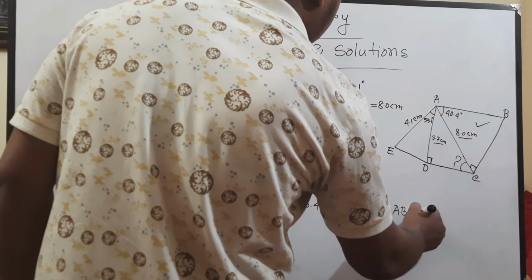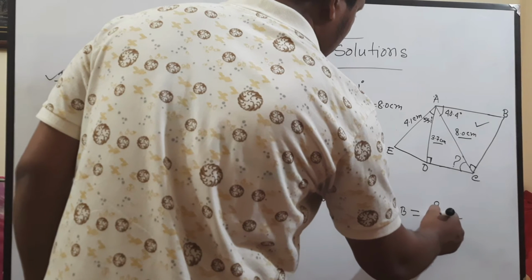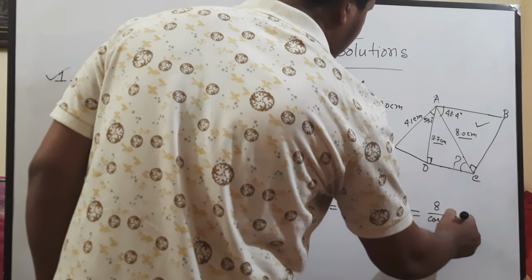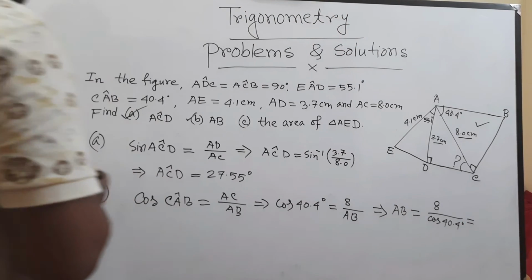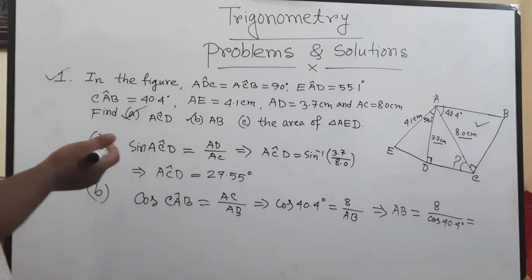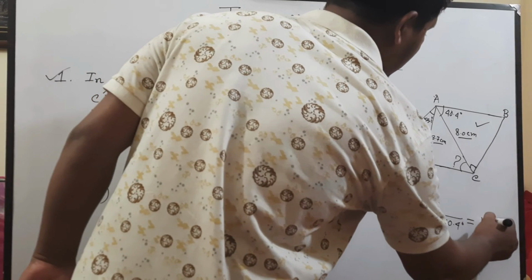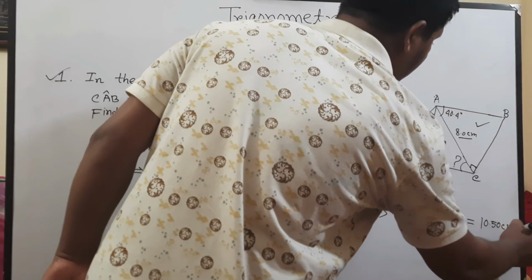So if we do the calculation here, then it will be AB equal 8 divided by cos 40.4 degree. So now if we use the scientific calculator, we can easily find the length of AB. So the length of AB will be 10.50 centimeter.